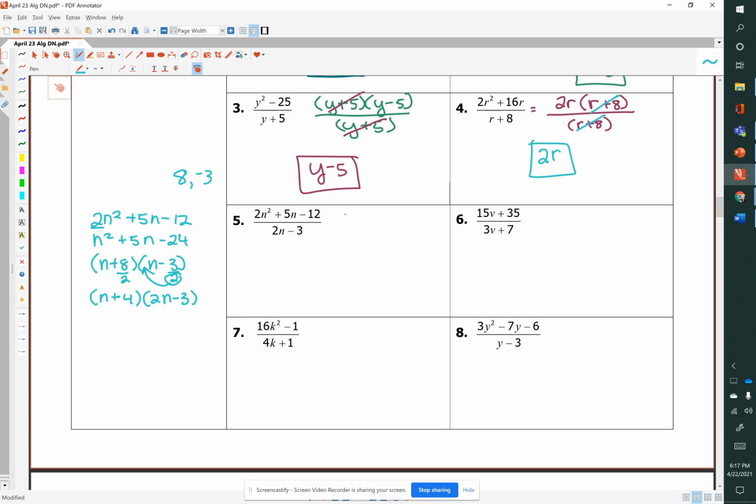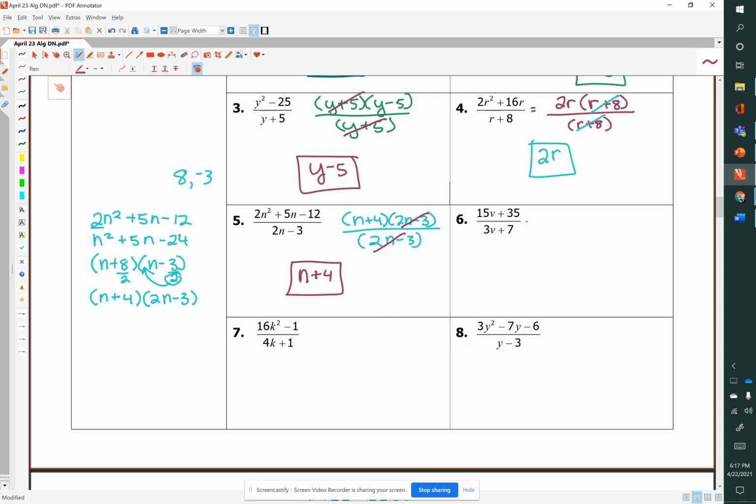So let's put that over here. n plus 4, 2n minus 3 divided by 2n minus 3. Okay, that works for us. We have common factors we can cancel out with a solution of n plus 4. There we go. Took us a couple minutes to get there, but we did.